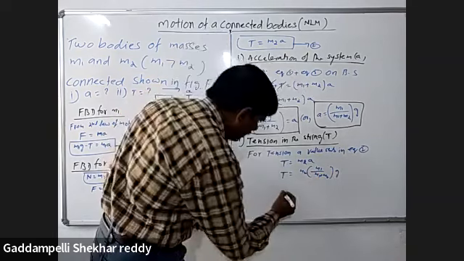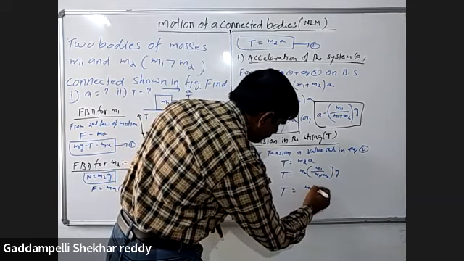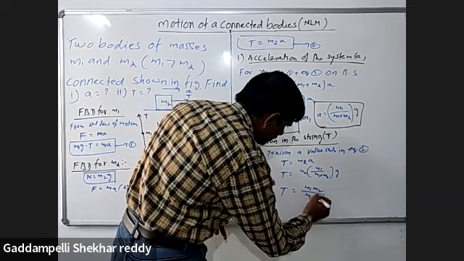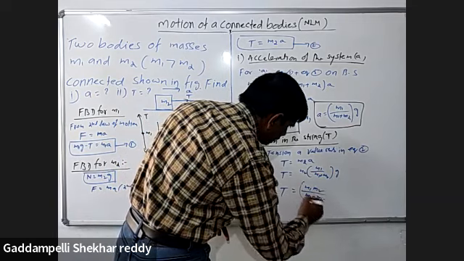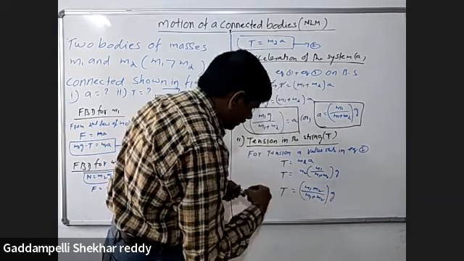So T equals M1 M2 by M1 plus M2 into g. This is the tension in the string.